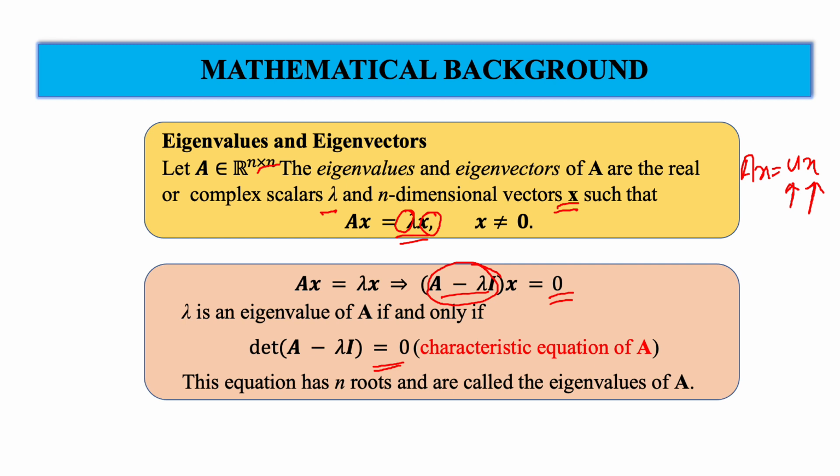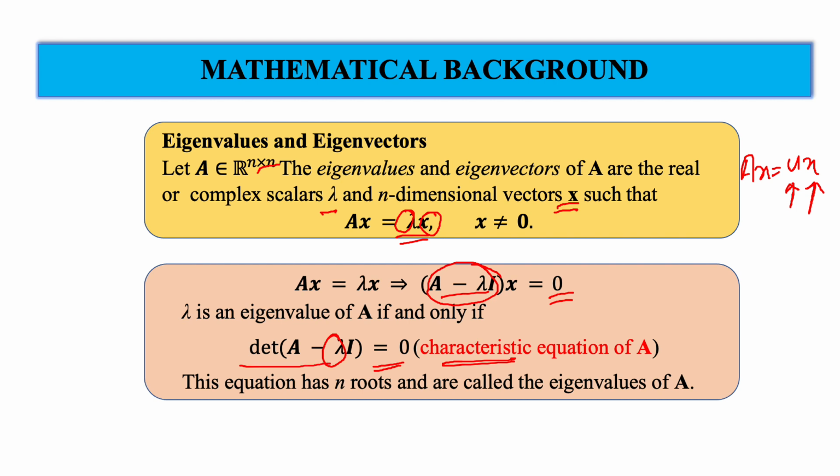So lambda is an eigenvalue of A if and only if the determinant of A minus lambda I equals 0. This is my characteristic equation of matrix A. The quantity on the left hand side is the characteristic polynomial of matrix A.